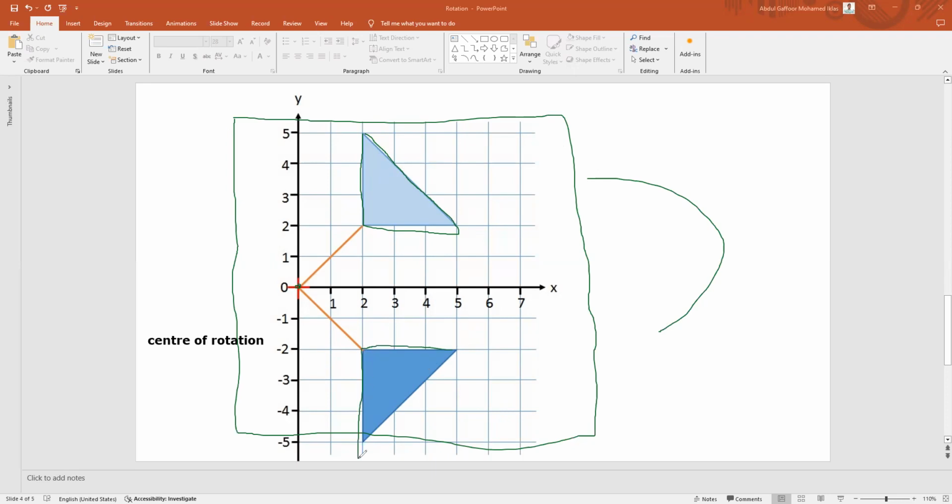Again, you have to draw the figure, and if you roughly press and draw the triangle, it will appear on the grid as well. After removing the paper, you can draw the image of this pre-image, but this might be a bit difficult in your examination. So what you can do, I will explain in the next question.